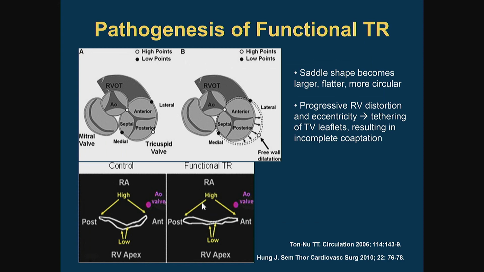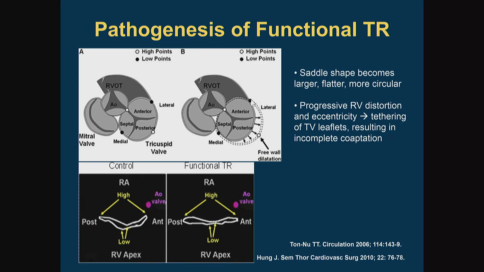We've talked a bit about the way in which functional tricuspid regurgitation develops as a consequence of right ventricular enlargement, but I think anatomically these diagrams are useful in understanding why this happens. Recall that if this is a patient with a normal tricuspid valve, the septal leaflet is anchored to the septum, so that when the free wall of the right ventricle enlarges, the saddle shape of the tricuspid valve becomes more flat and circular.